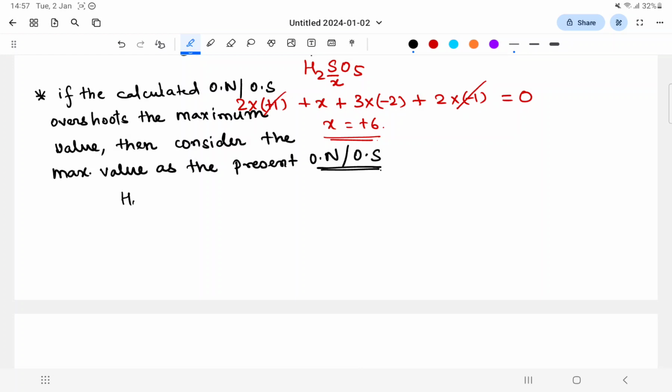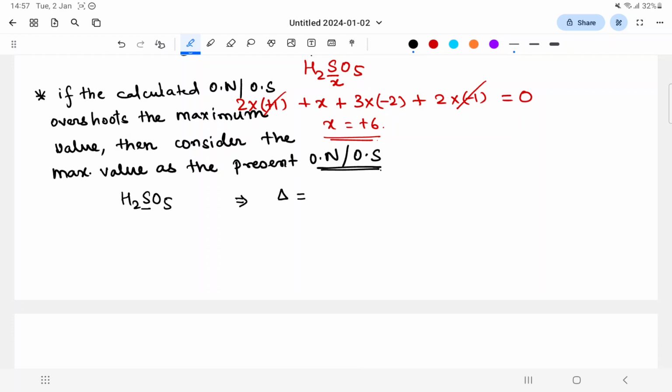So again, if I take the example of H2SO5 and want to find how many peroxides and how many peroxide linkages are there: peroxide is an oxygen atom, and a linkage is made up of 2 oxygen atoms. In H2SO5, let's find the value of delta.